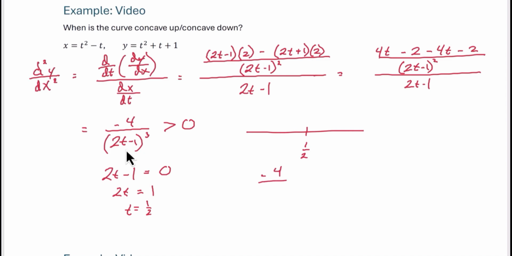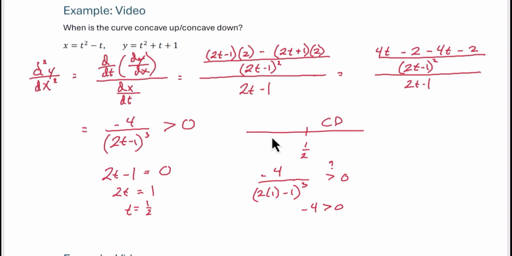Negative 4 over (2 times 1 minus 1) cubed. We're asking, is that positive? We have negative 4 divided by 2 minus 1 is 1, 1 cubed is 1. We get negative 4 is greater than 0. That's a false statement. So we know that this side is not concave up. It's actually going to be concave down.